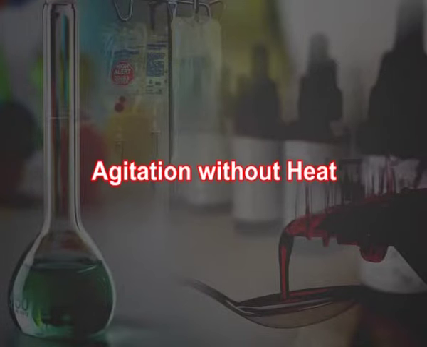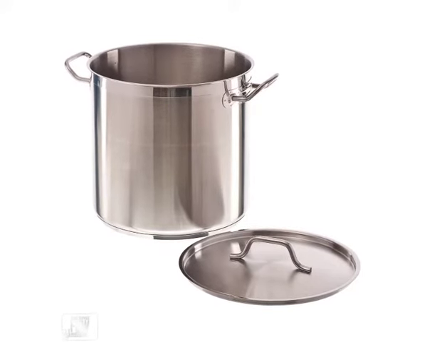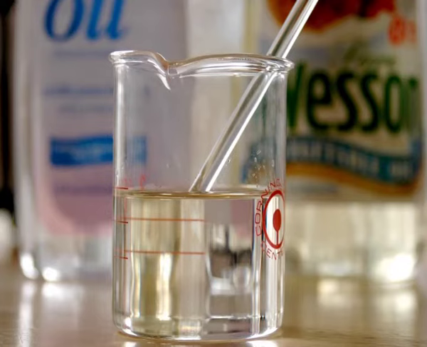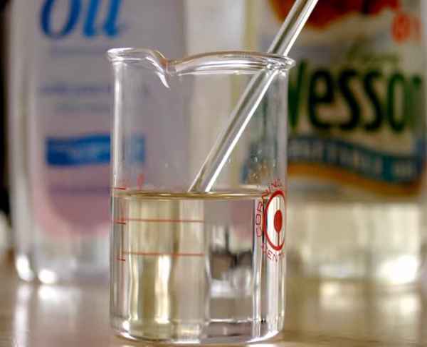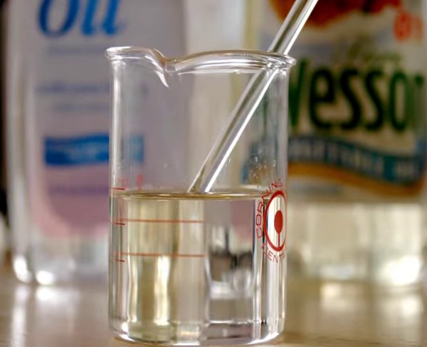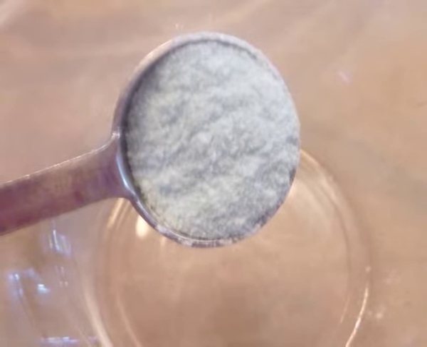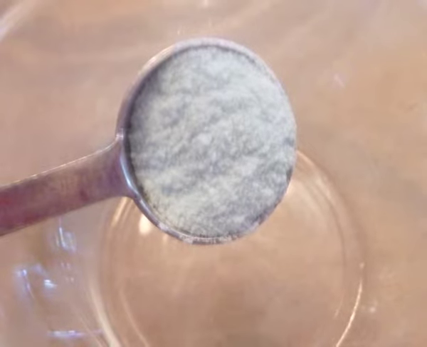Next method is agitation without heat. A vessel is taken, generally made of stainless steel or glass. Then the ingredients according to the formulation are added to water and mixed. It is better to dissolve solid ingredients in water first and then add them to the syrup.